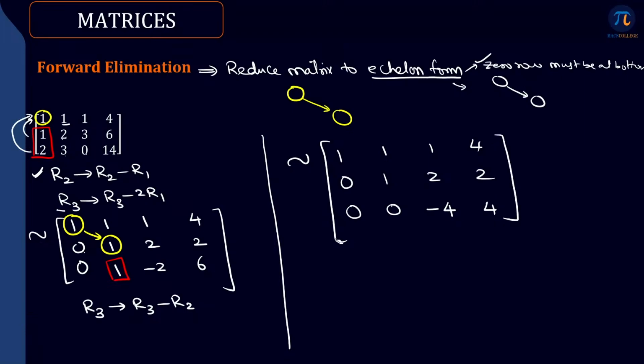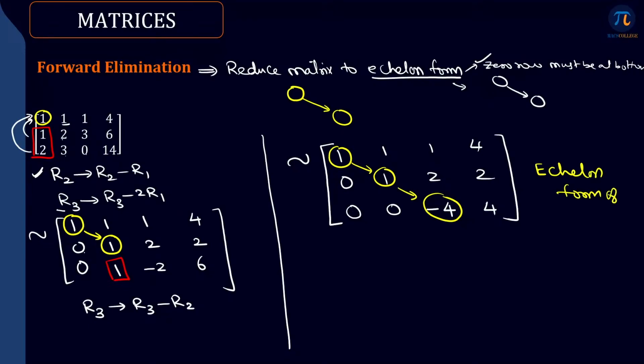Is the idea clear? So this is your echelon form. Here it is leading, here it is leading, here it is leading, each to the right side, and you got echelon form. So this is called echelon form of this matrix. And once you got the echelon form, you can find rank.